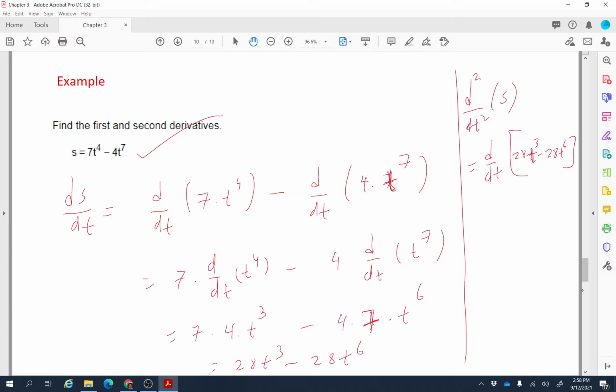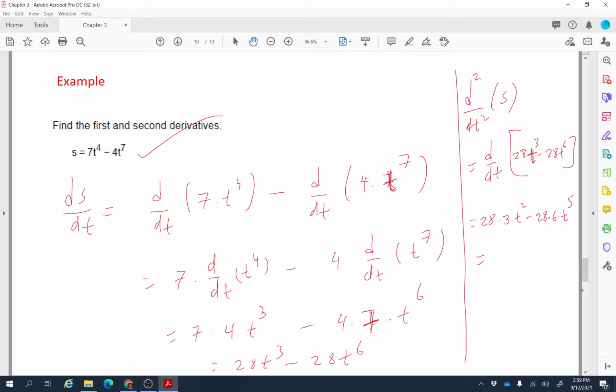By using a very similar approach to what we did here, to find the derivative of this, you need to find the derivative of them separately. It would be 28 times the derivative of t cubed, which is 3 times t square, minus 28 times the derivative of t to the power 6, which is 6 times t to the power 5.